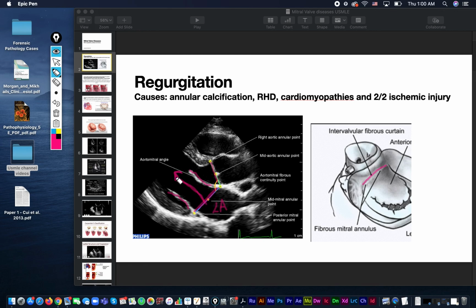So anyways, this type of regurg is not called left atrial regurg, because technically left atrial regurgitation doesn't exist as a disease entity. We'll learn more about that as we move on, but this would be just a mitral valve regurg.